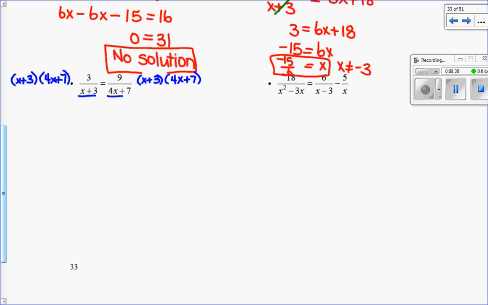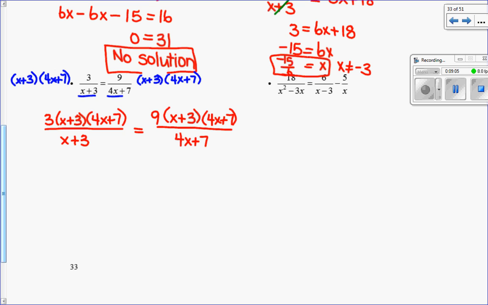Okay, and what I end up with then, when I multiply this out, is I have 3 times x plus 3 times 4x plus 7, and that's all over x plus 3. And on this side, I've got 9 times x plus 3 and 4x plus 7, all over 4x plus 7.